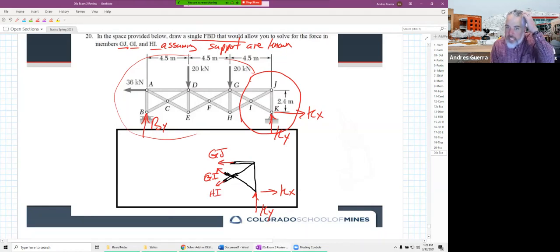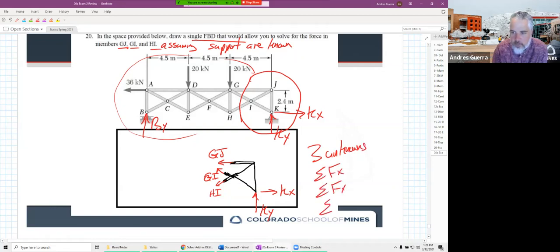With method of sections, and this is an FBD of a section, so this falls under method of sections, we can handle 3 unknowns because we can use sum of forces in the X, sum of forces in the Y, and we can use the sum of the moments about a point equation as well. So we have 3 equations that we can use there.